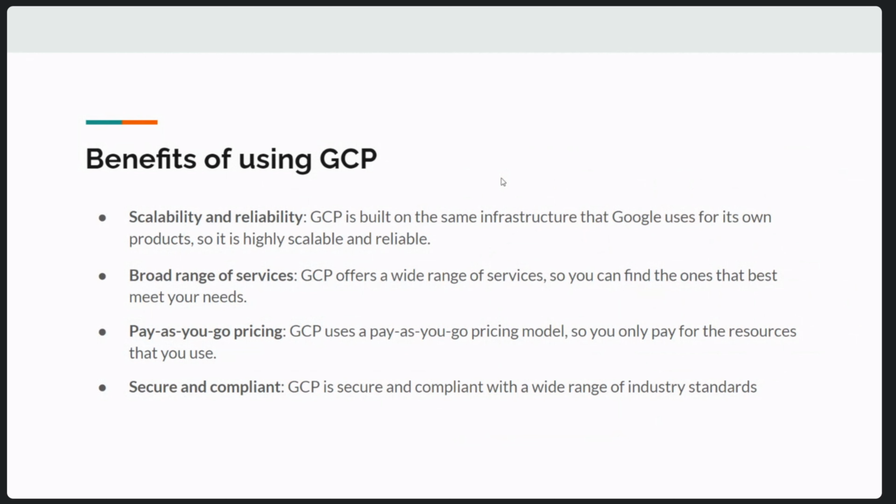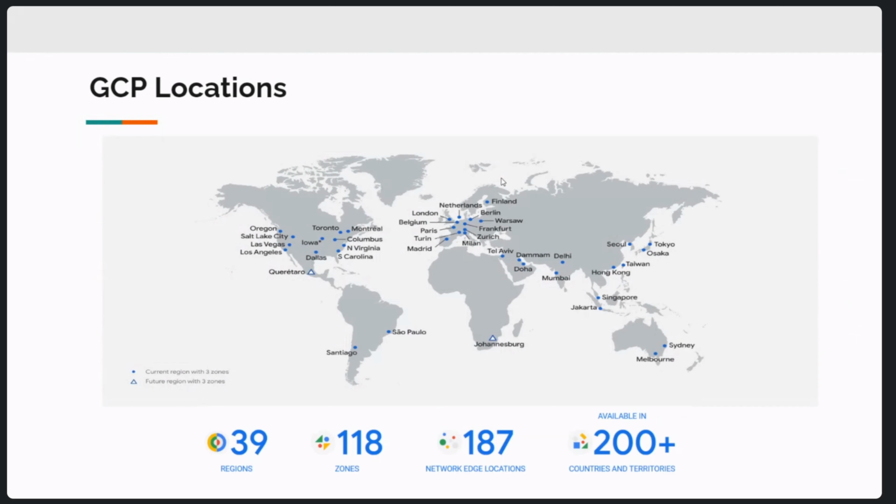So this is the benefit of using GCP. As we discussed, Google is a global company, and just to see the scale of any cloud deployment, they are present in 39 regions.